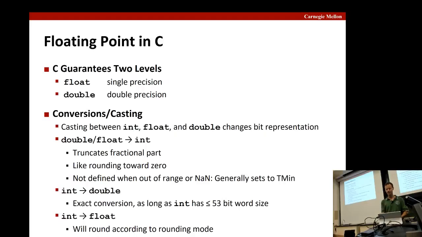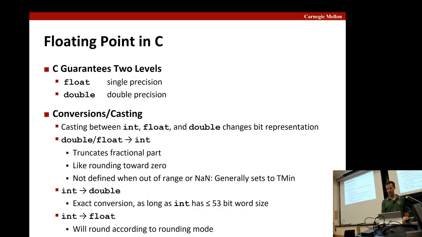And it's not defined when you're out of range, not a number. Generally, it will set it to t-min in those cases. Like for instance, if a double could have many more bits than the int could hold, right? And so, it's not defined if you're out of range. Int to double, as long as the int has word size such that you can actually represent all the bits in the double.